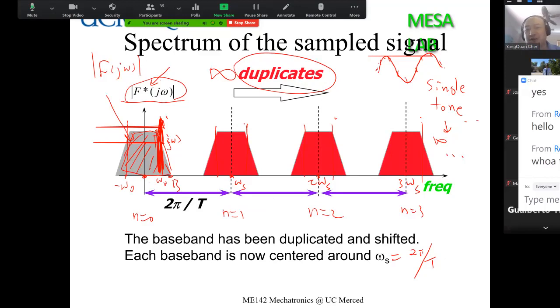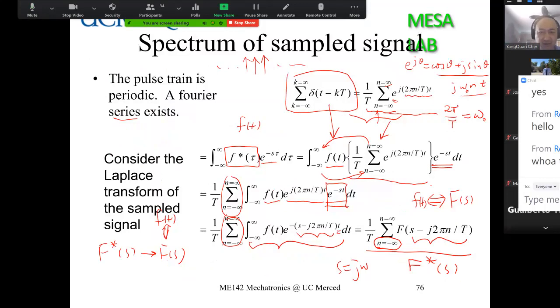The center frequencies are at 0, omega s, 2 omega s, 3 omega s, and so on, where the sampling frequency omega s is 2 pi divided by T, okay? And this is the B, this is the B. That's because of this equation. This is called spectrum duplication.